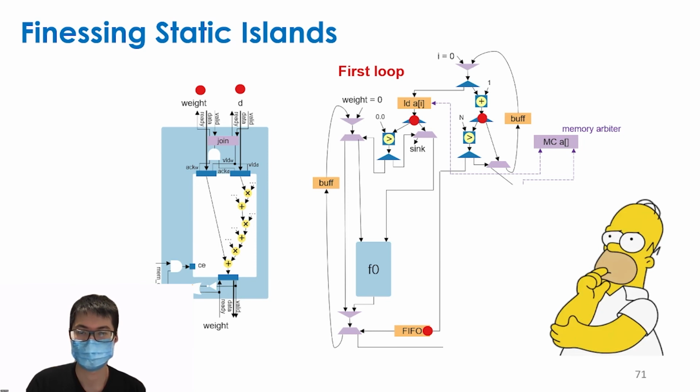In the static island, the weight token arrives at the adder at the bottom, waiting for the computation of D to finish. Meanwhile, the loop iterator iterates and produces another D for the second iteration, which arrives at the input of the static island.